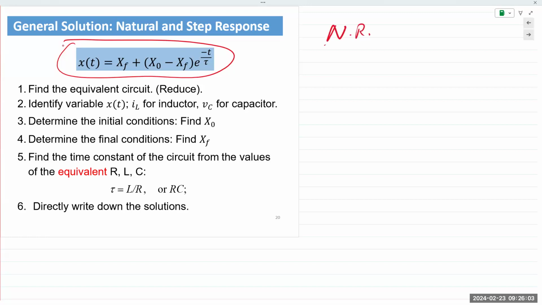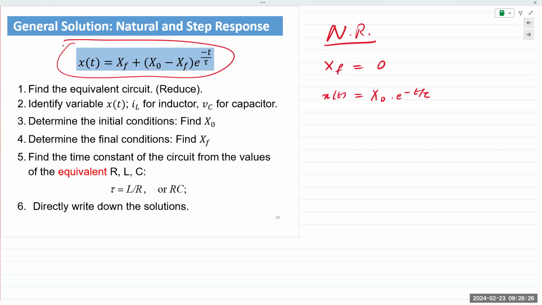So for natural response, xf would be zero. Whether it's volts or amps doesn't matter. The expression x of t simply becomes x0 times e raised to minus t over tau, which is the natural response equation.